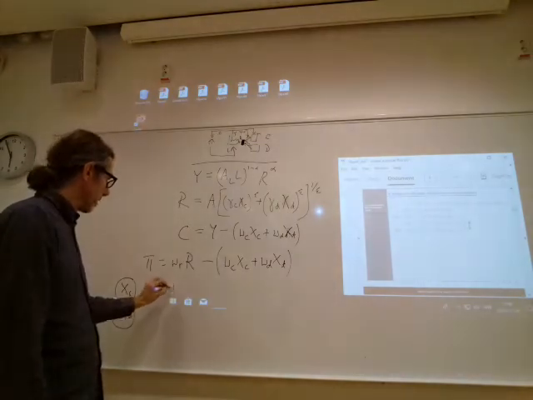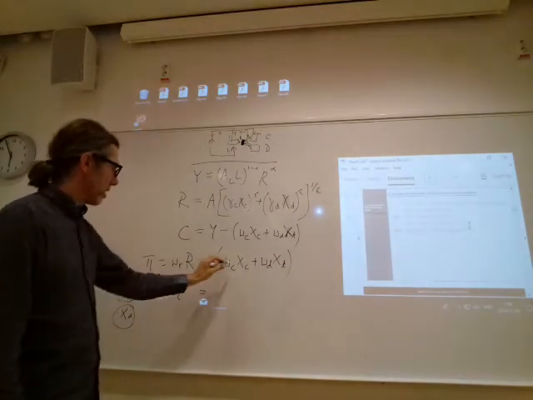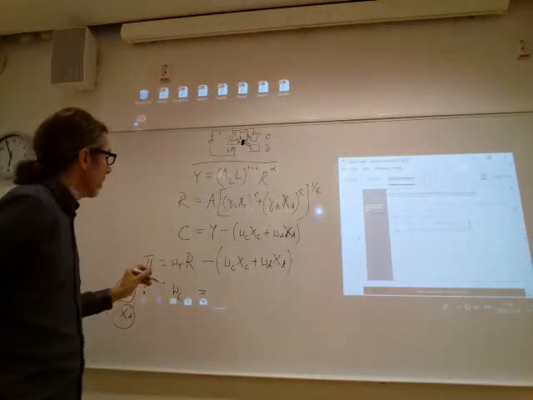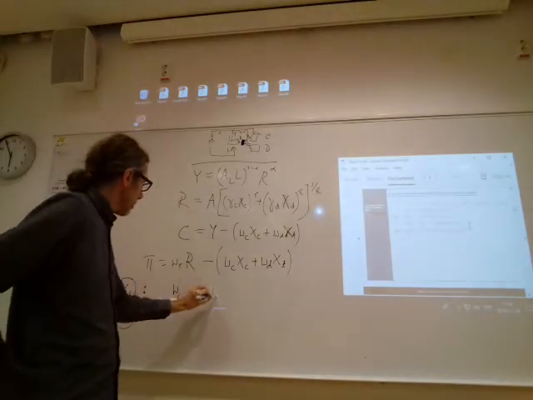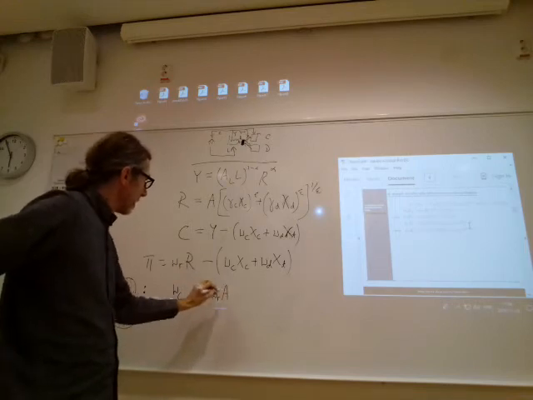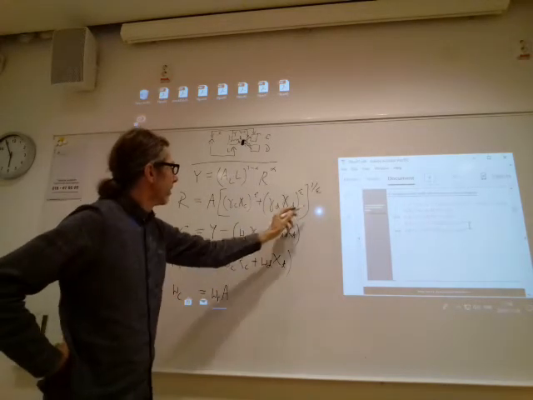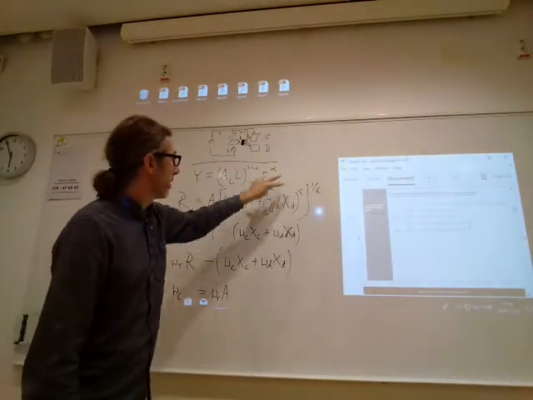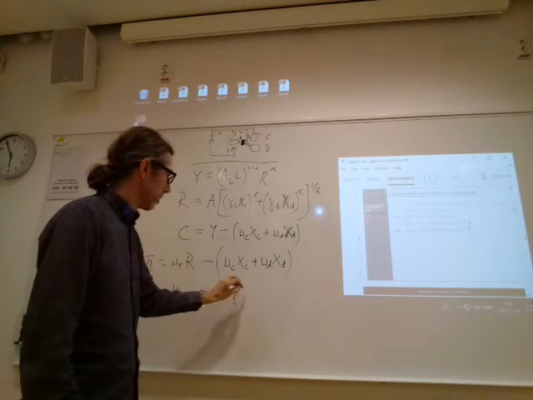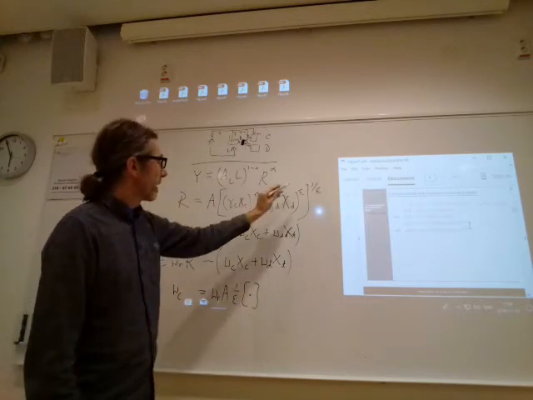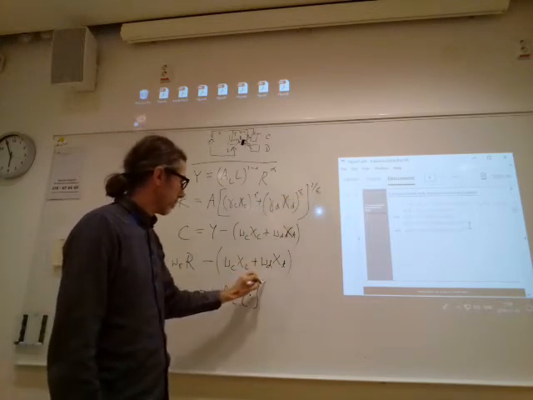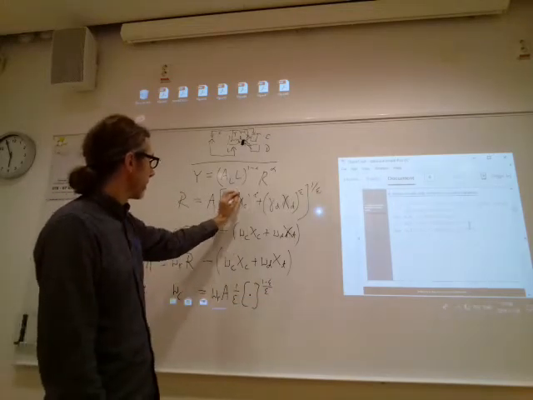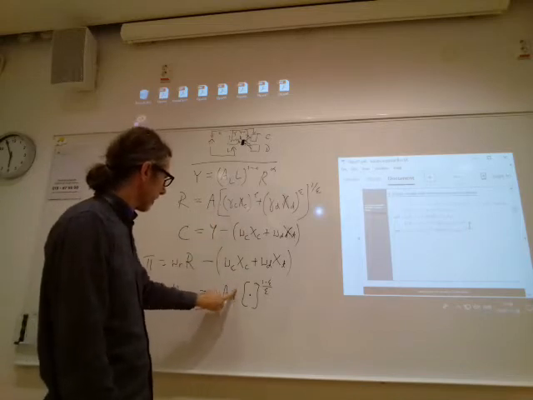So WC should be equal to the derivative of this with respect to XC, which is WR A, and then the derivative of the inner part. Do the outside, 1 over epsilon, square bracket to the 1 over epsilon minus 1, which is 1 minus epsilon over epsilon, and then we go inside and we have epsilon, so that cancels.